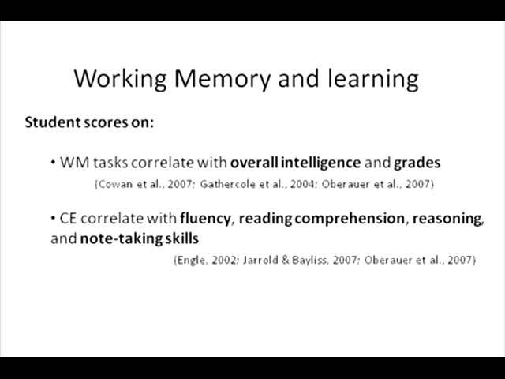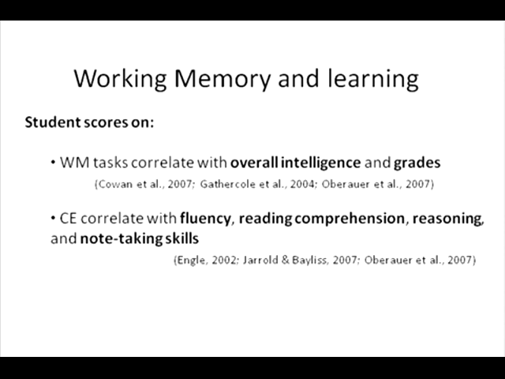Working memory, as you saw, is a predictor of achievement in school. It correlates, as it says, with overall intelligence and grades, and it also correlates very well with the ability to be fluent. You might ask, why?